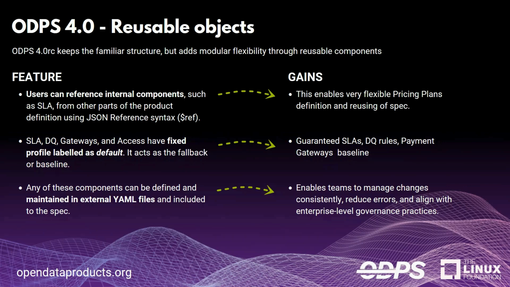Very often this comes from the pricing plans, where you define a different kind of SLA, for example, for the freemium, and a different kind of SLA for premium. And then the third plan might be the AI agent, and in that case you might be reusing one of these SLA profiles.